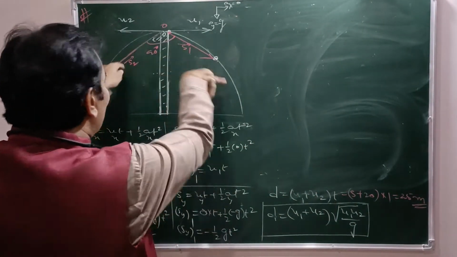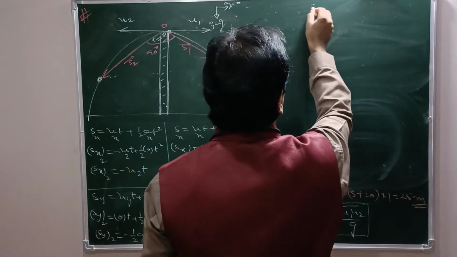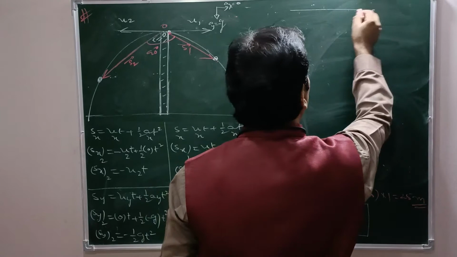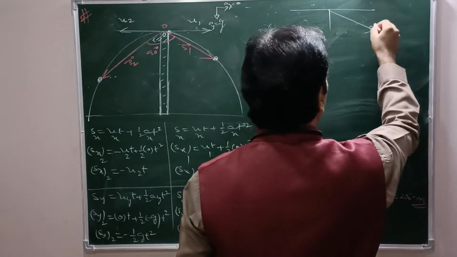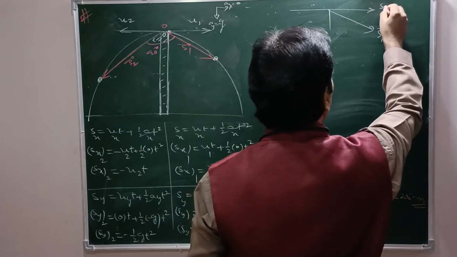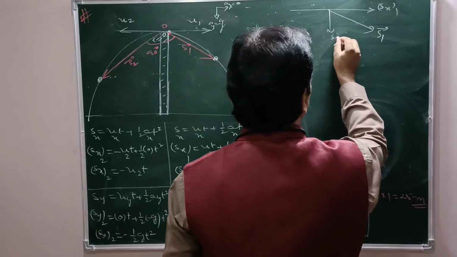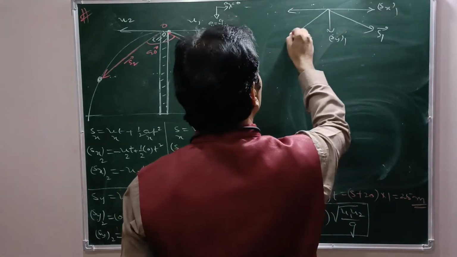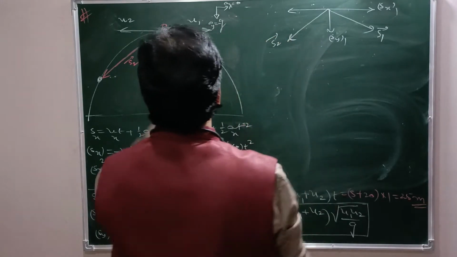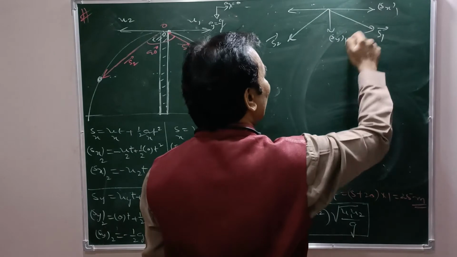I'm highlighting it somewhere here. See, this is S1 bar. Here Sx1, here Sy1. Here S2 bar. See S1 bar, S2 bar. So S1 bar has two components along x, along y.